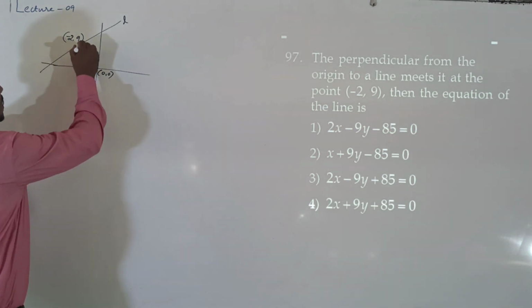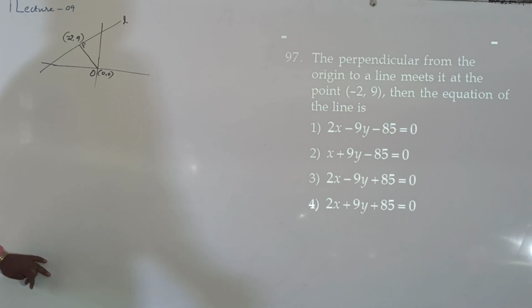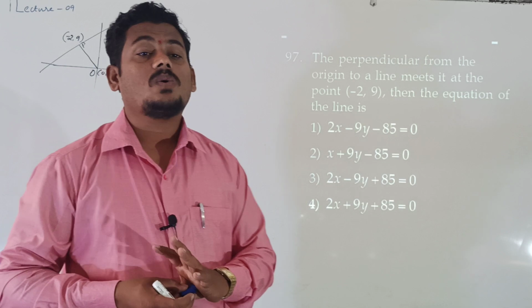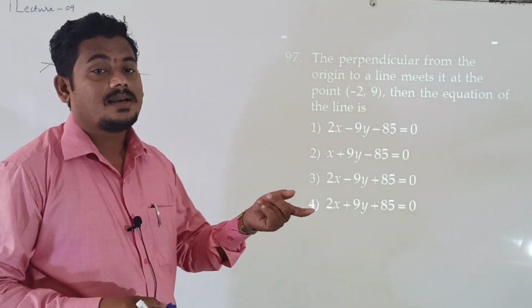It is origin O and this point is taken as P. In this case, we need the equation of L, not the equation of OP, right? Find the equation of the line.